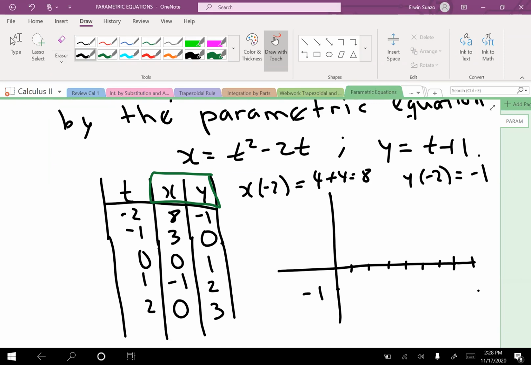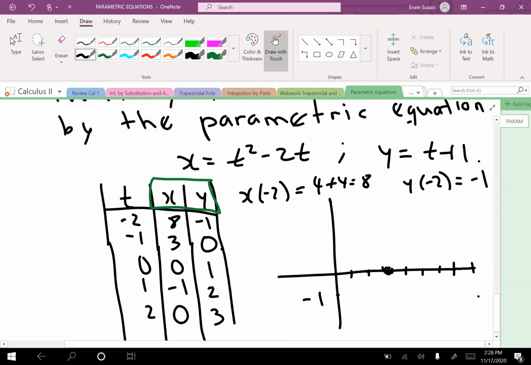Then x of -1 is 3, so it's over here. The next one, x of 0 is 0, and y of 0 is 1, so it's over here, right?